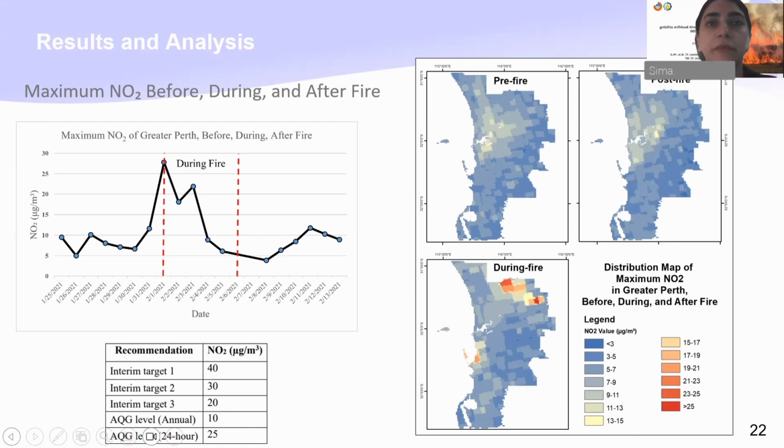During the fire, it peaked at 27.7 microgram per cubic meter on 1st of February, surpassing the World Health Organization's 24-hour air quality guideline level of 25 microgram per cubic meter, as can be seen in the table. And after the fire, maximum values remained elevated, between 3.8 and 11.7 microgram per cubic meter.